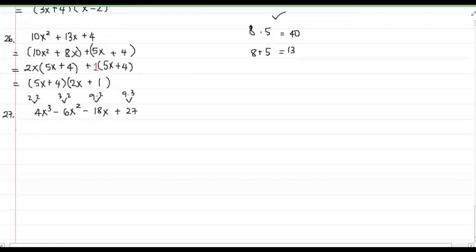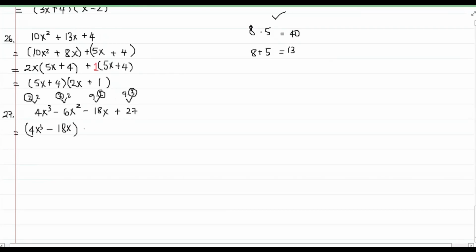So I can group 4x cubed minus 18x because I can take the 2 out. Also, the negative 6 and 27, I can take 3 and have the same 2 and 9, right? Okay, so that's my first group.